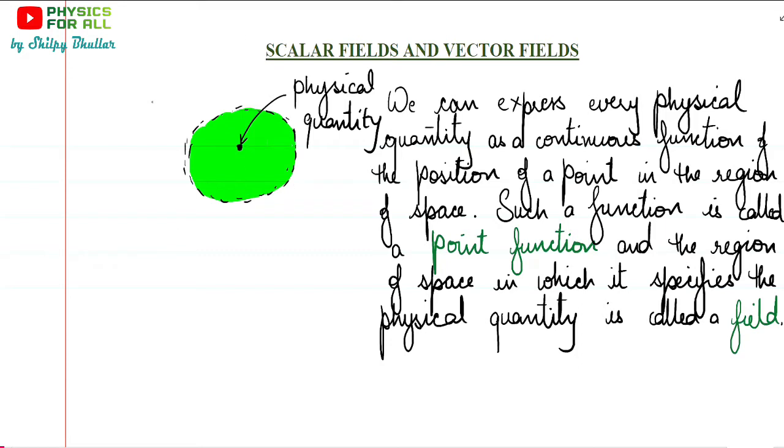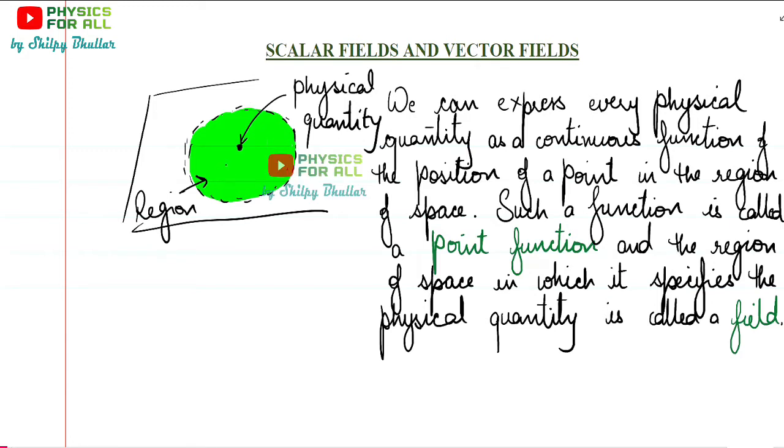So this is a region, and we have considered a portion where we say that there is the effect of that physical quantity. So basically we are representing the physical quantity with a dot, and then we are saying that in a particular region the effect of that physical quantity will be felt and will remain the same.